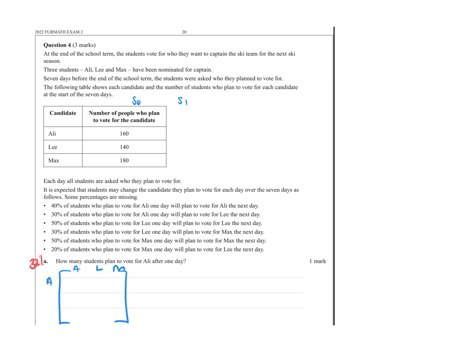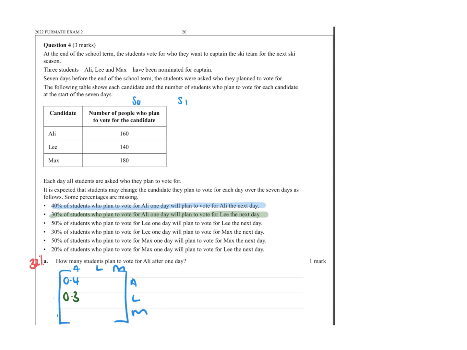So I just have to go through all the stats and fill them in. 40% of students who vote for Ali vote for Ali the next day, so that's 0.4. 30% who vote for Ali vote for Lee, so Ali today, Lee the next day is 0.3. Sorry, you normally have Ali down the other side. I'll just pop it down the other side for you.